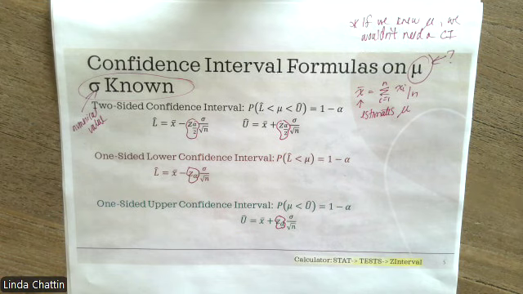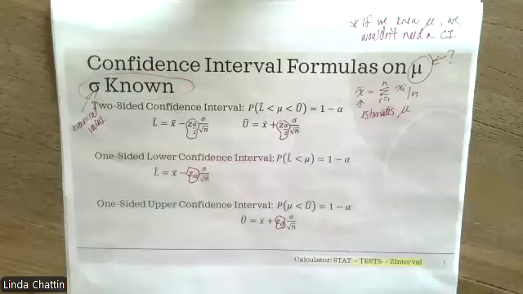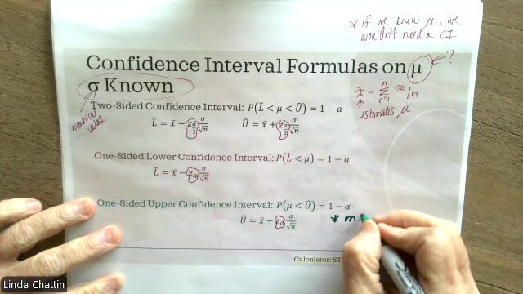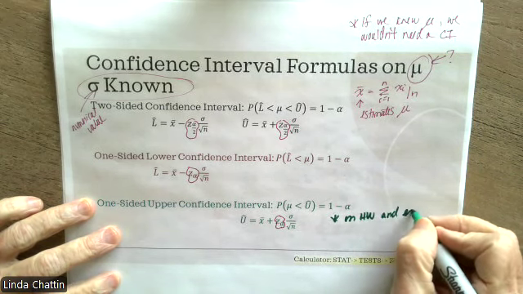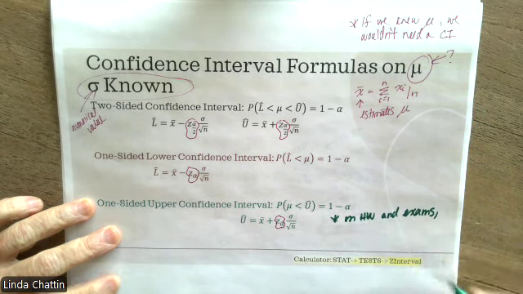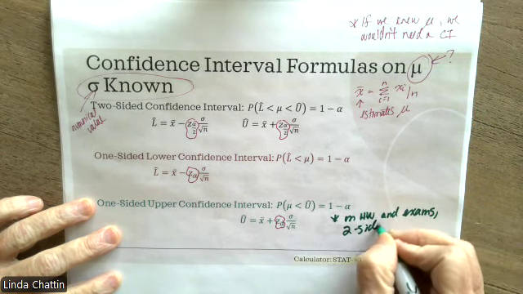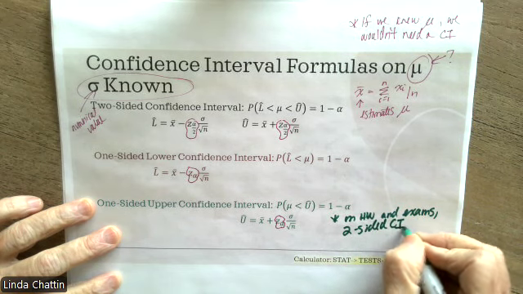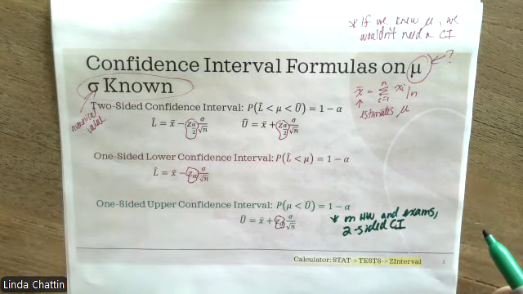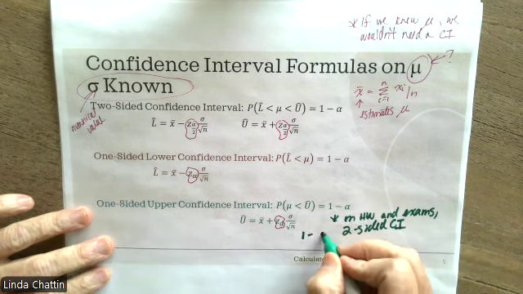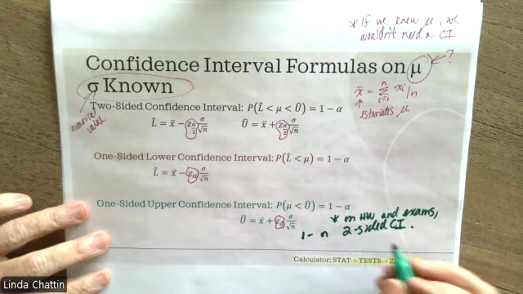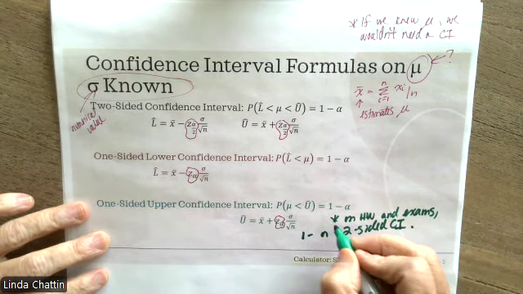A little point that you should note here, and I'll put that in another color here, is that on homework and exams, I will ask you only for two-sided confidence intervals. I'm sorry, wait a minute, hang on, I'm saying this all wrong.